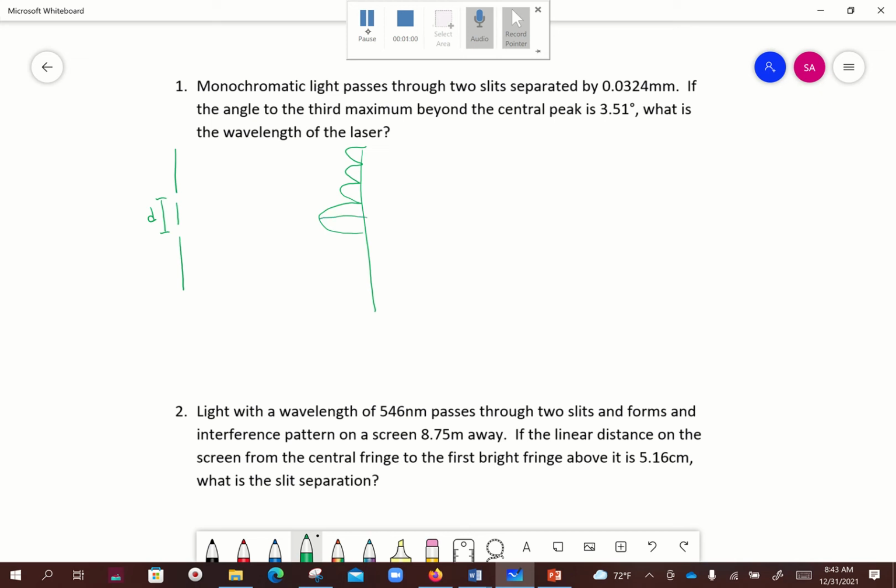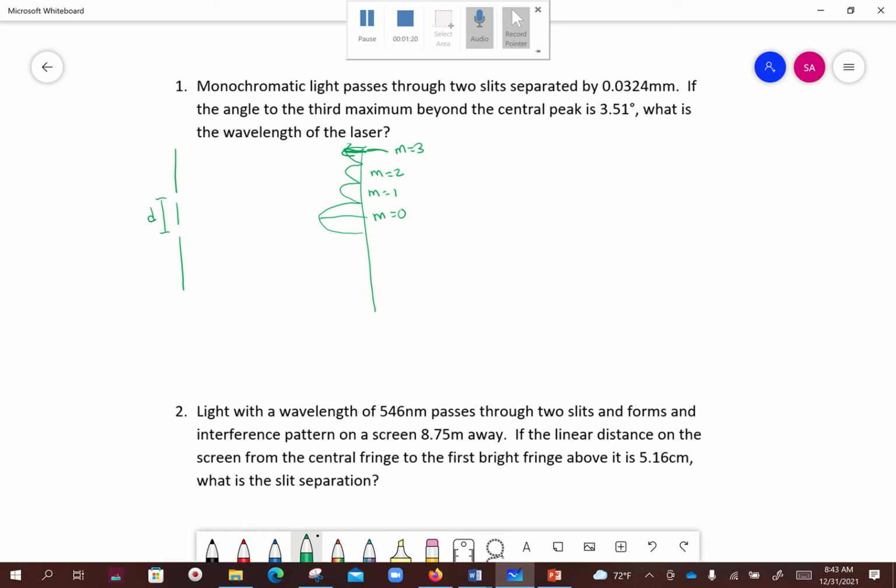So we want this one over here. Remember, these are numbered by m. m equals 0 for the center, m equals 1, m equals 2, and m equals 3. So we want the m equals 3 peak. What are we told?